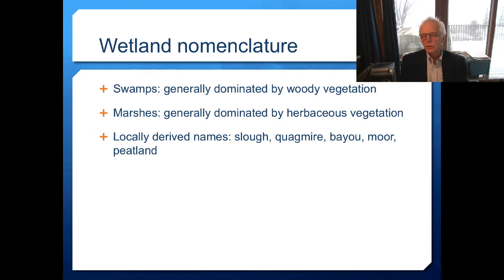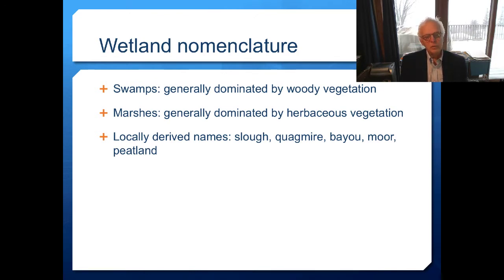So here's nomenclature, which means names of things, and here are some names for wetlands. Swamps are generally dominated by woody vegetation. Marshes, which you've probably heard that word, are generally dominated by herbaceous vegetation, so not woody vegetation. These would be grasses and sedges and other things, as we'll see in a bit.